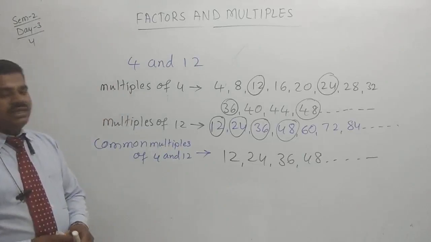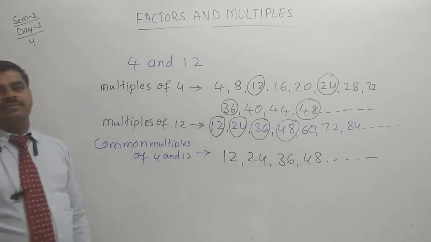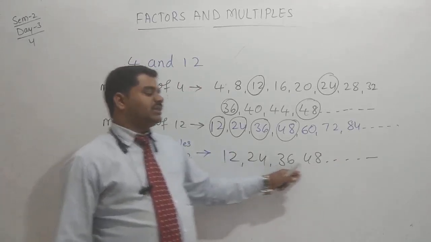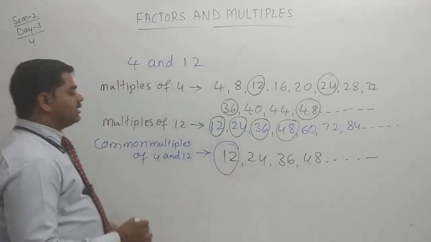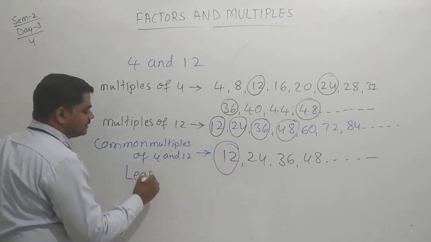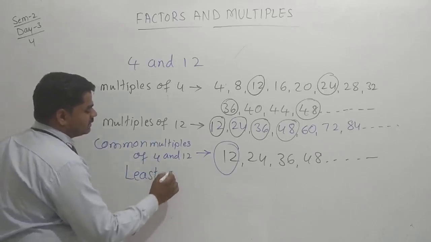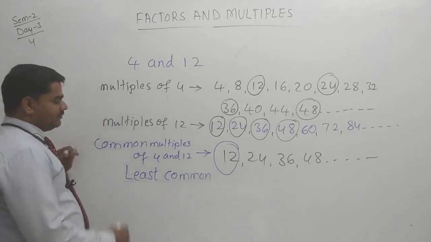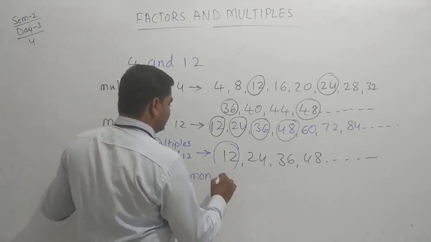Out of these, which is the smallest one? Which number is the smallest out of 12, 24, 36, 48? Good, 12 is the smallest one. That's why we call it the smallest or least common multiple.